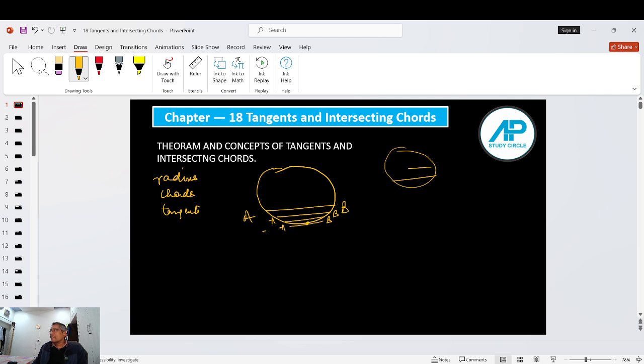Now this line becomes the tangent to the circle. So a tangent is that line which touches the circle at only one point. That is the eligibility for a line to become a tangent to the circle. The line which touches the circle at one given point is known as a tangent to the circle.